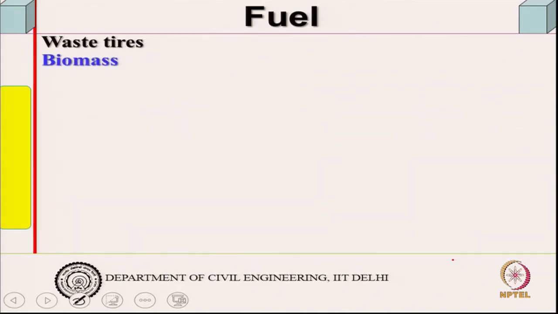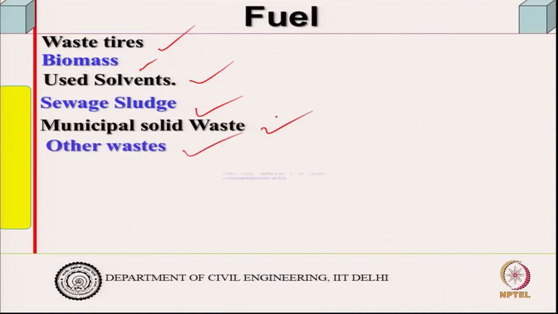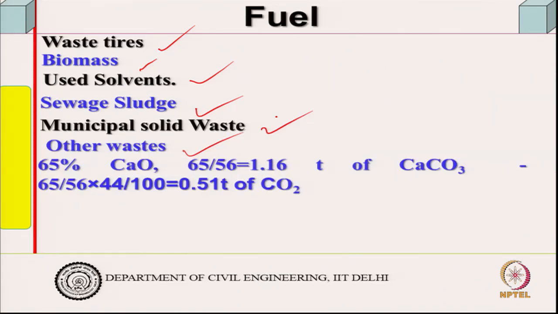So, that is what the fuels are. Then there are additional fuels, and people are trying to use a lot of them, like waste tires, biomass, used solvents, sewage sludge, municipal solid waste and other waste. In all these cases, you get an advantage, because these are waste materials you would not have used otherwise.